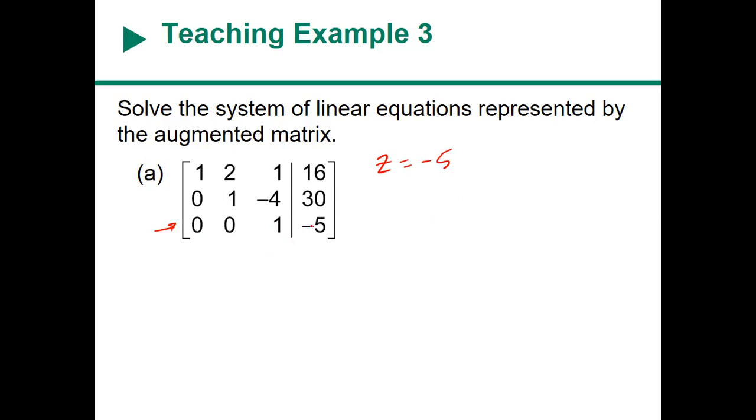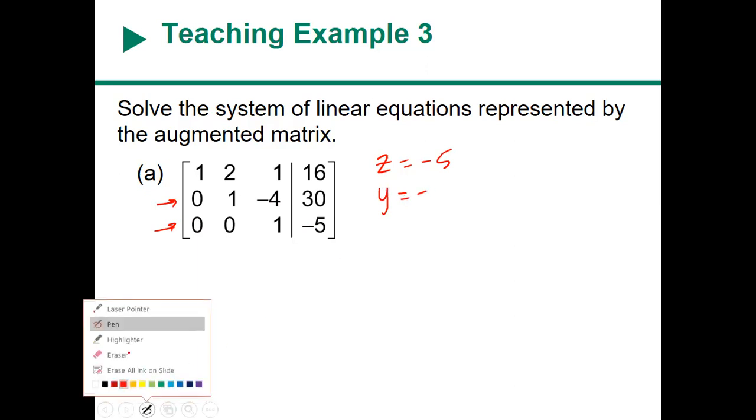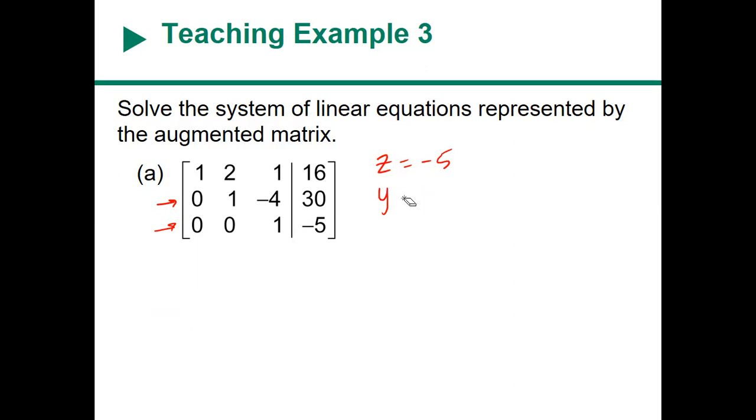Okay, because I know that, I can go to my second row of my matrix and solve for Y. Y minus 4Z equals 30. So I know that Y equals 30 plus 4Z. Does that make sense? So I can easily solve for Y.